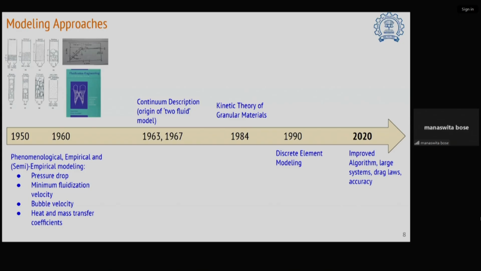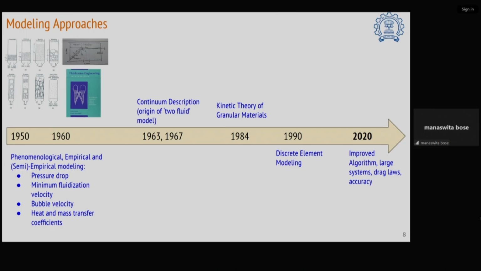The focus was on pressure drop, minimum fluidization velocity, bubble velocity, and correlations for heat and mass transfer, like correlating the Sherwood number with Reynolds number and Schmidt number, correlating the Nusselt number with Reynolds number and Prandtl number in different scenarios, compartmental modeling, and these kinds of approaches.